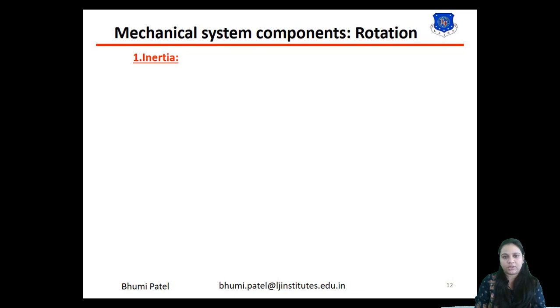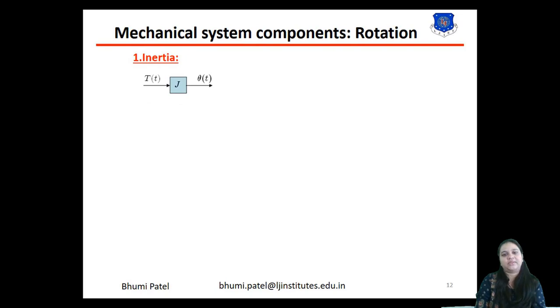Next, the mechanical system components for rotation. First of all, in rotation, what is the inertia of the system? In rotational motion, inertia is considered to be a property of the element that stores the kinetic energy of rotational motion.